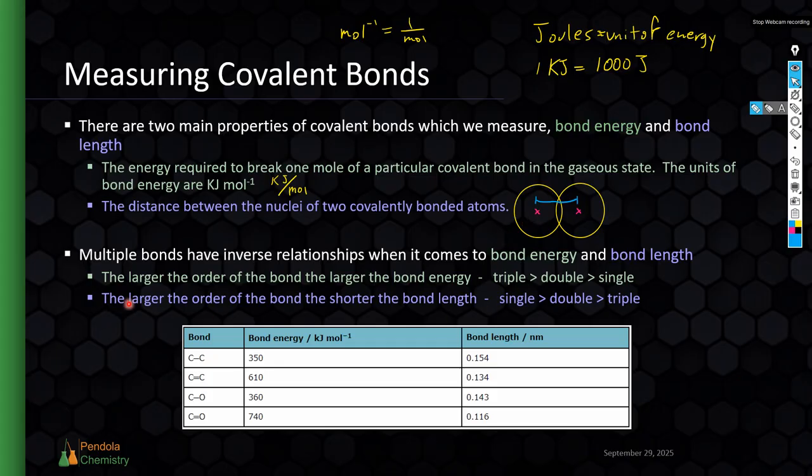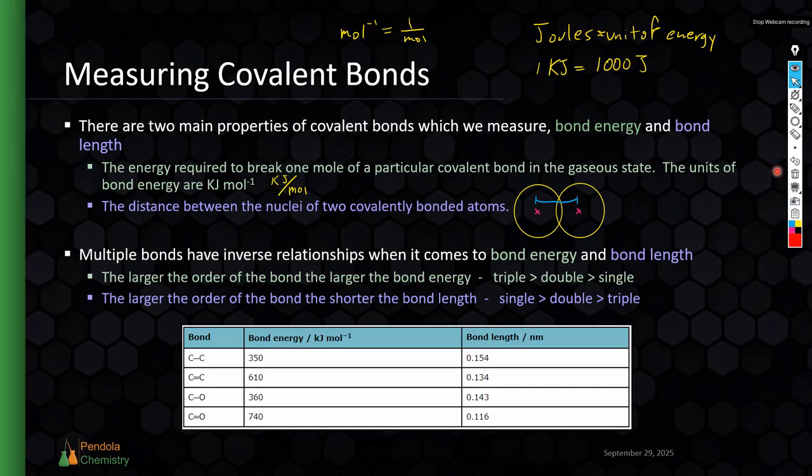On the other hand, it has an inverse relationship to how those bonds are going to affect bond length. The larger the order, so triple versus double versus single, the shorter the bond will be. So single bonds are the longest, double bonds are the second longest, and triple bonds are the shortest. And again, why is that the case?